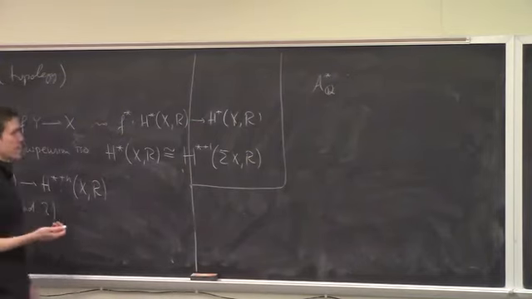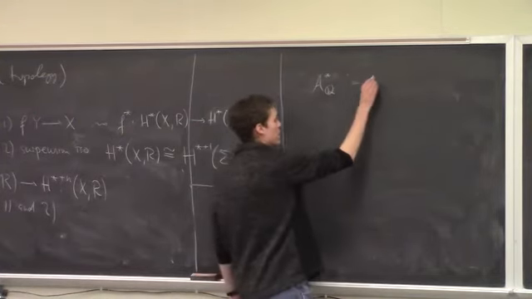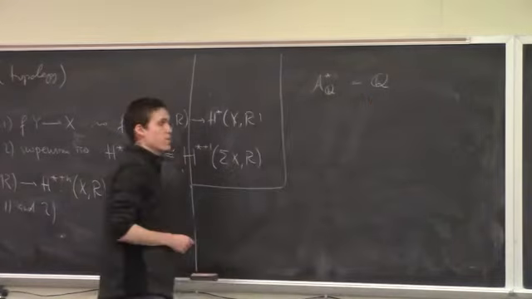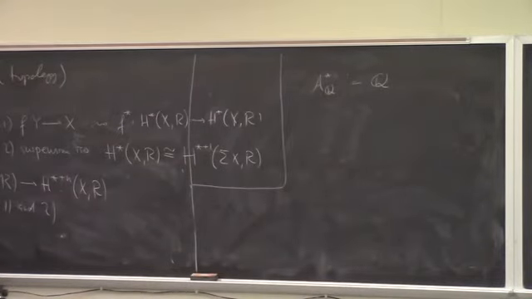Unfortunately, in that case, the answer is that this is just Q. In other words, the only operations that exist in rational cohomology are just multiplication by a rational number. So we're not going to get anything interesting by considering this case.